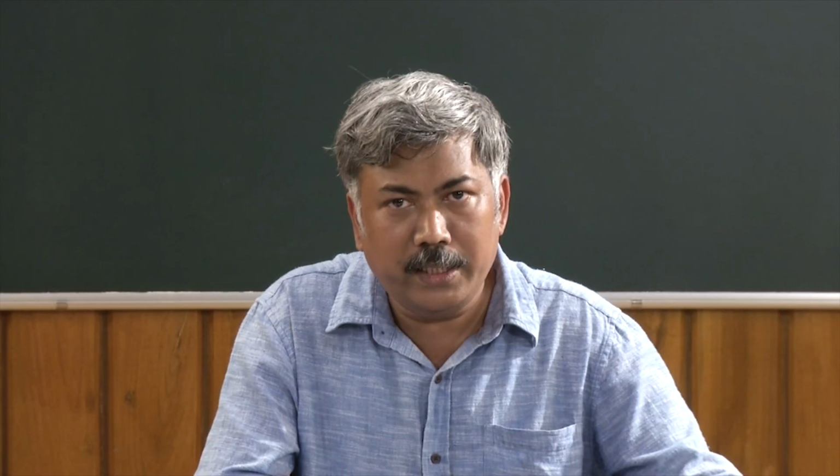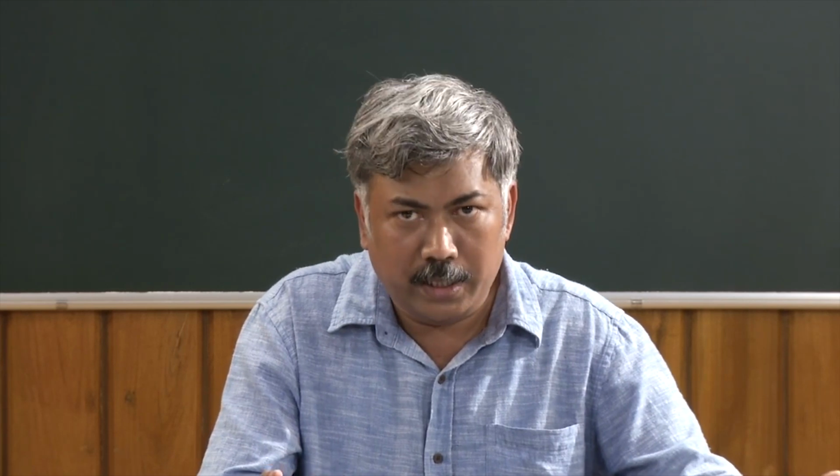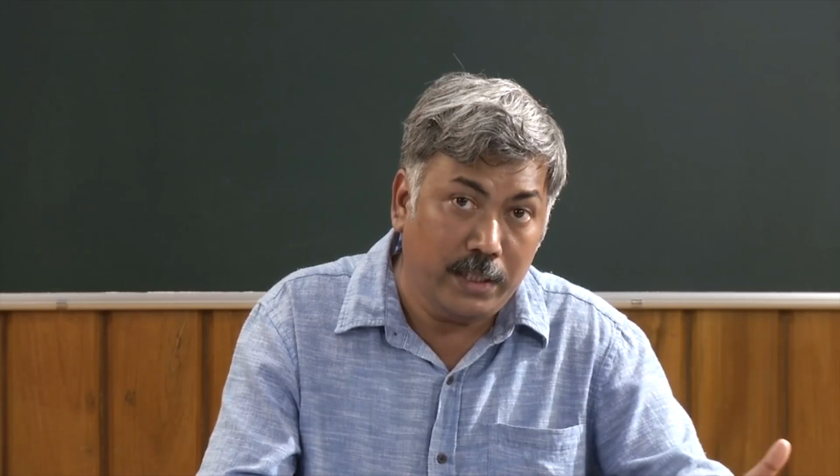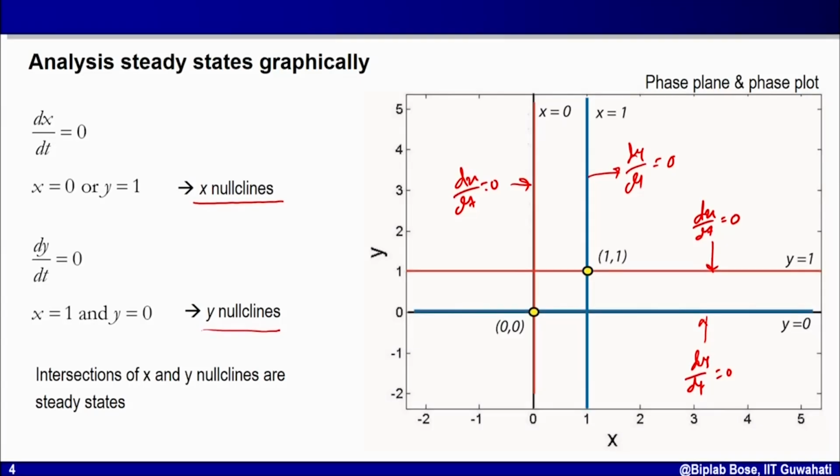Again, these are null clines because null means none, and clines means the slope. So obviously it is called y null because the slope of y with respect to time is 0 along these lines. So I have 4 null lines: 2 x null lines shown by red colored lines, 2 y null lines shown by blue colored lines.